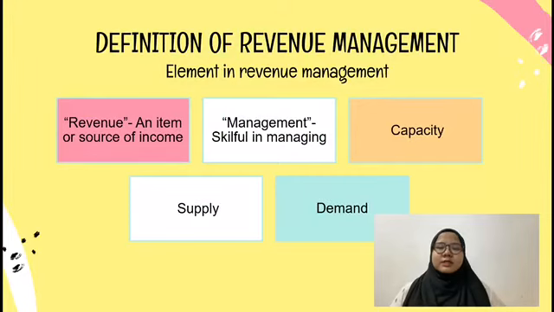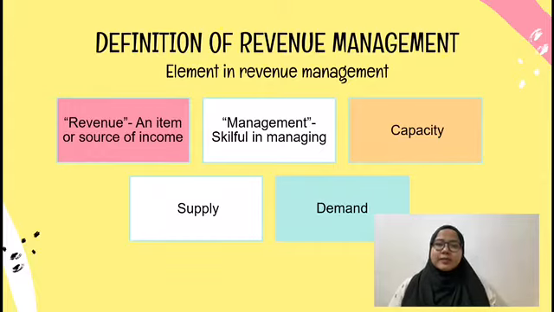Next is definitions of revenue management. What are the elements in revenue management? Revenue means an item or source of income, while management means skillful in managing. Also is to specify the capacity of the consumer and also profit.